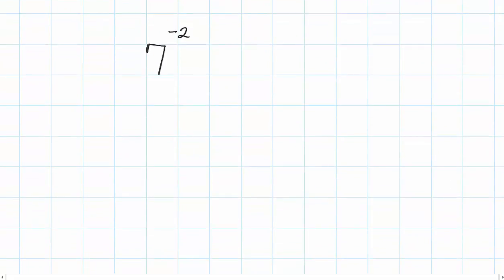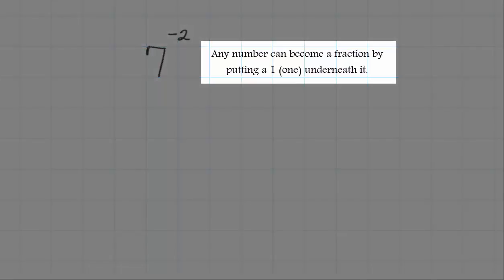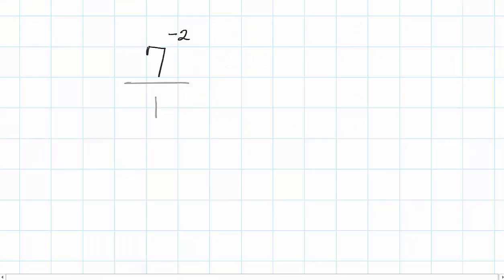When we have negative exponents, that's when we can use the reciprocal in order to make them positive exponents. We have to go back to understanding, how do I make a fraction? Well, we can make any number into a fraction by putting a 1 underneath it. So now that it's a fraction, we can take the reciprocal of it. And that means we just need to flip it.